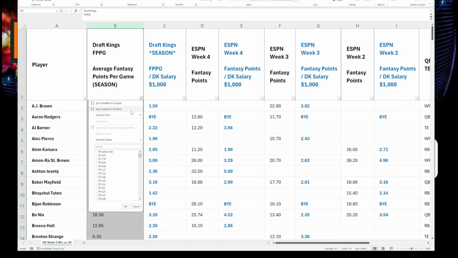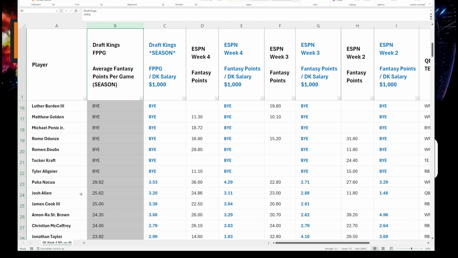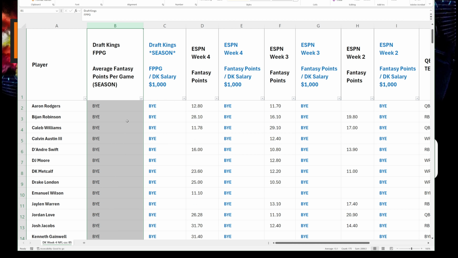We're going to sort from largest to smallest. And we see here for the season, Puka Nacua, 29.62 fantasy points per game. Then you have Josh Allen, 25.62. So here Puka Nacua is, for the season, the fantasy point leader.